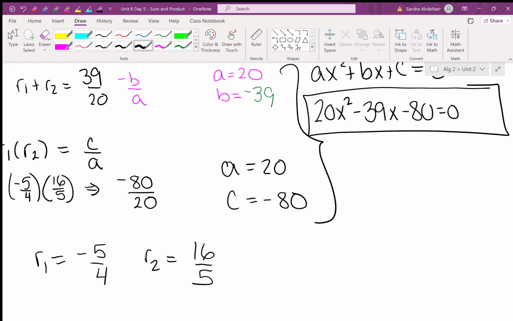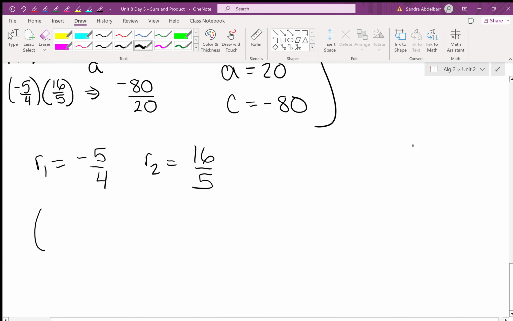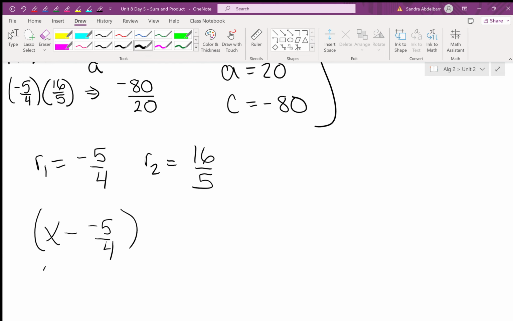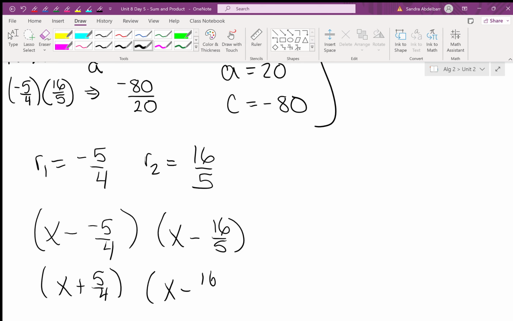Close, yes. So we could have done this as x minus 5/4, which is the same as x plus 5/4, but not exactly. And this could have been x minus 16 over 5, but that's not exactly correct.